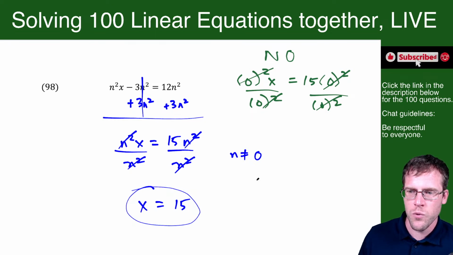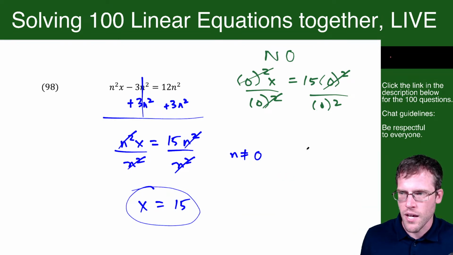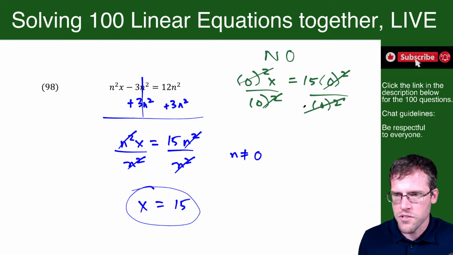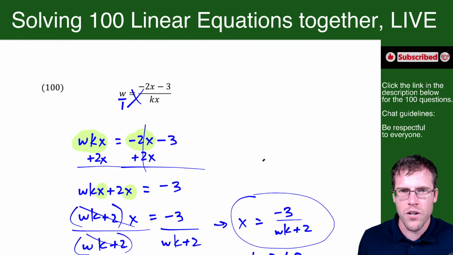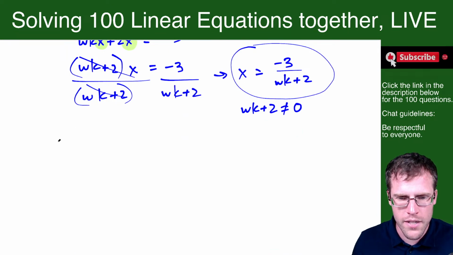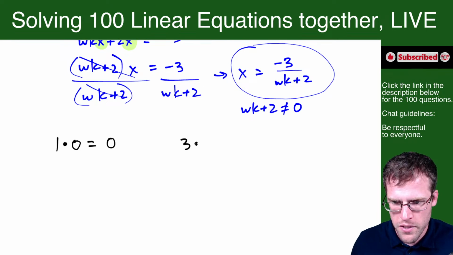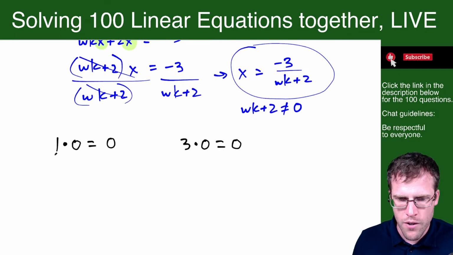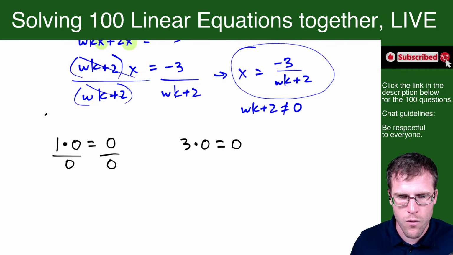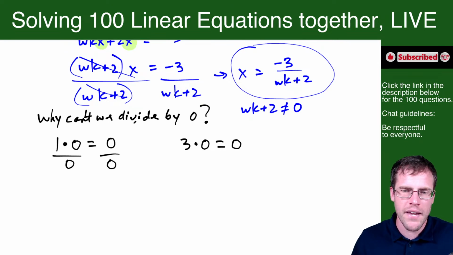A little bit of a tangent here: the reason why you can't divide by 0. Why is that not allowed? Well, 1 times 0 equals 0, and you would agree 3 times 0 equals 0. If I was allowed to divide by 0, then you could make anything up.